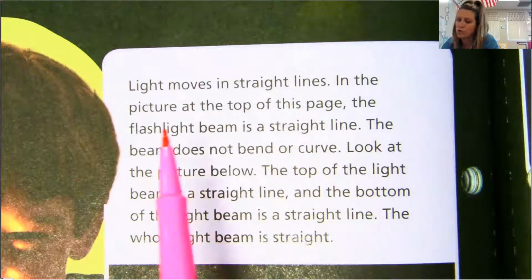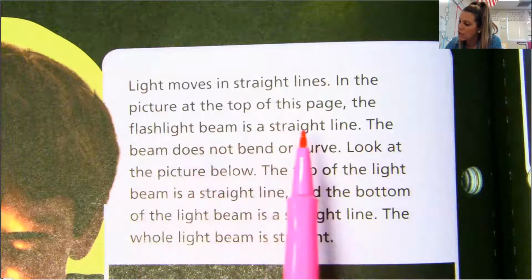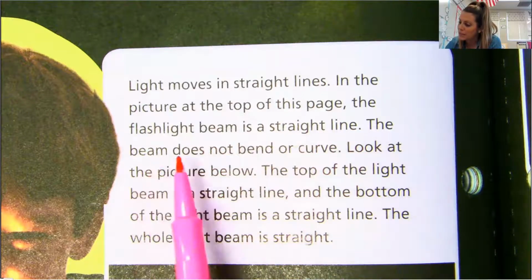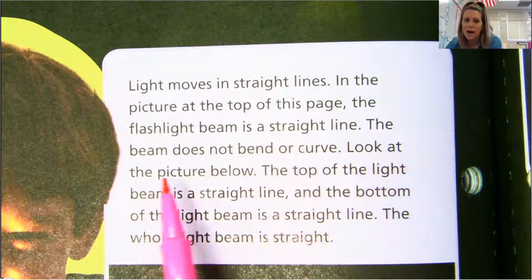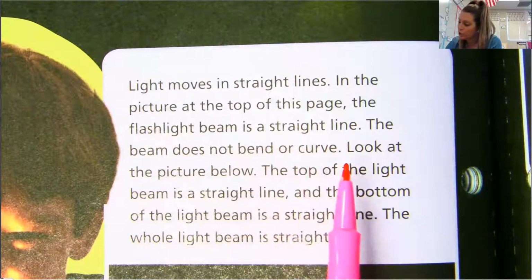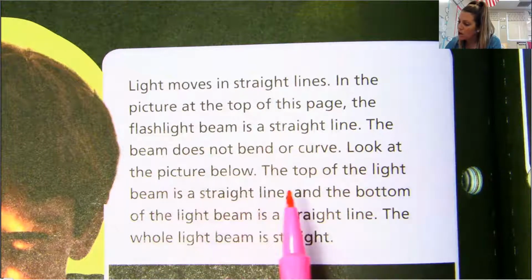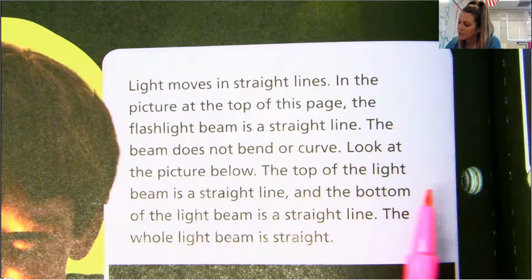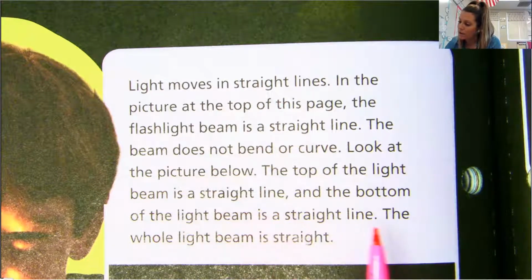Light moves in straight lines. In the picture at the top of this page, the flashlight beam is a straight line. The beam does not bend or curve. Look at the picture below. The top of the light beam is a straight line, and the bottom of the light beam is a straight line.